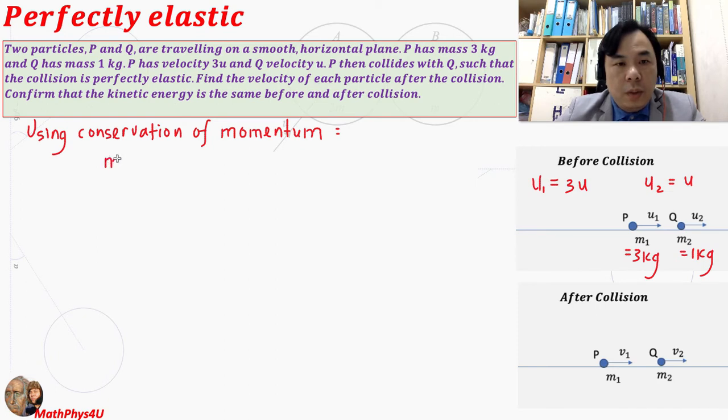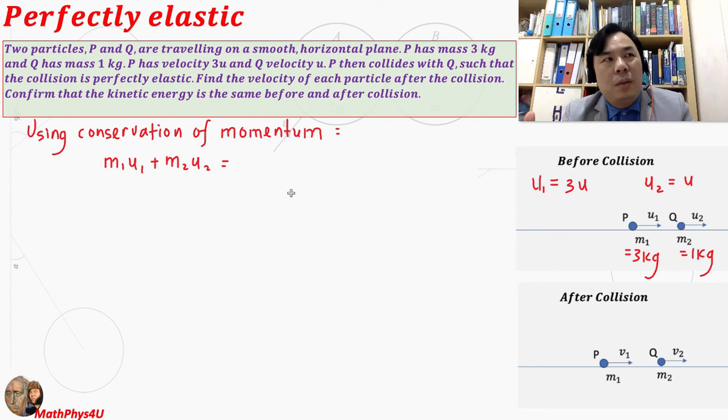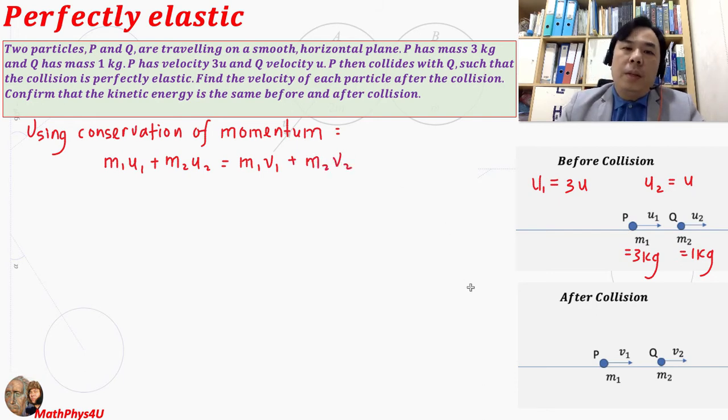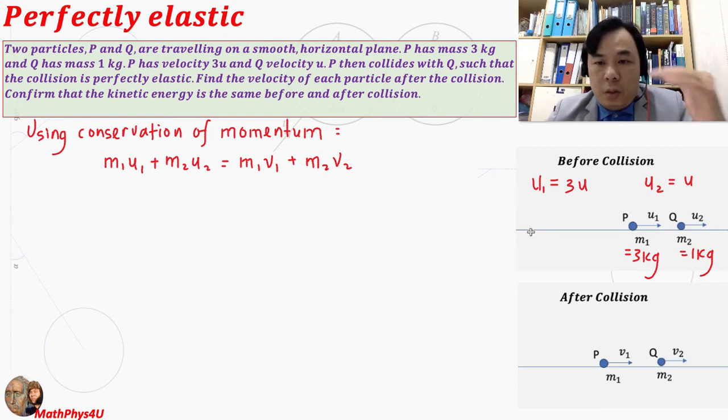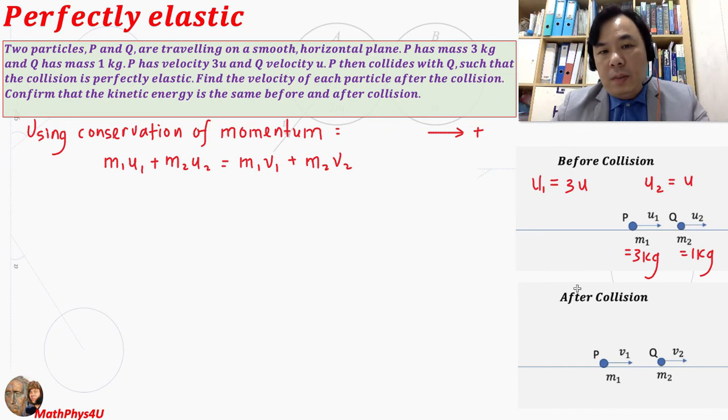You can write down the formula if you're afraid that you might have forgotten it. Here you don't really need to include the vector notation because it's still in one direction. We do consider them as particles at this point. Bear in mind, direction is very important. I need to stress that direction is very important. So we assume that going in this direction is positive for all the vector quantities.